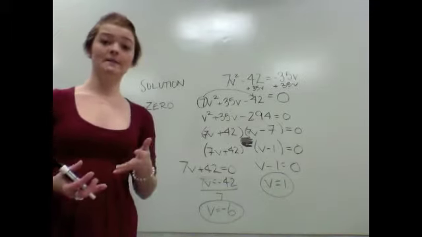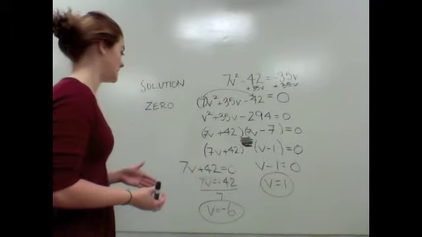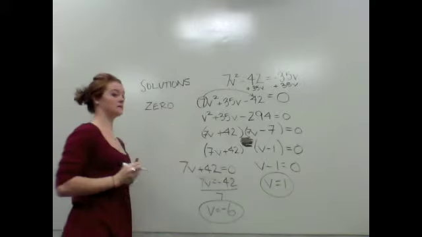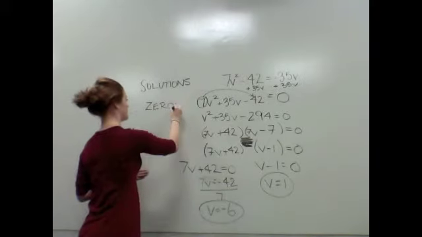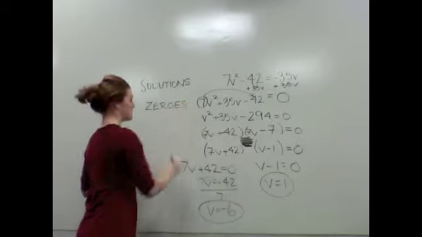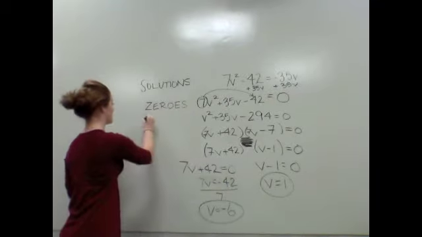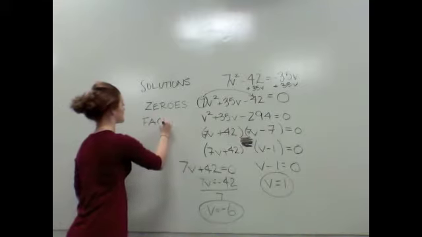What these two numbers represent, negative 6 and 1, they are my solutions. They are my zeros. They also appear inside my factors.